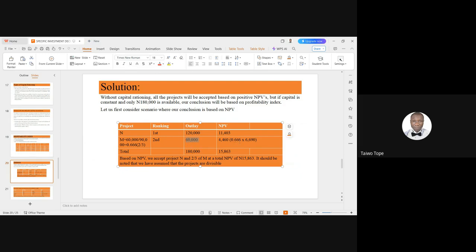So we have 0.666 multiplied by 6,690. We have the NPV of 4,460.